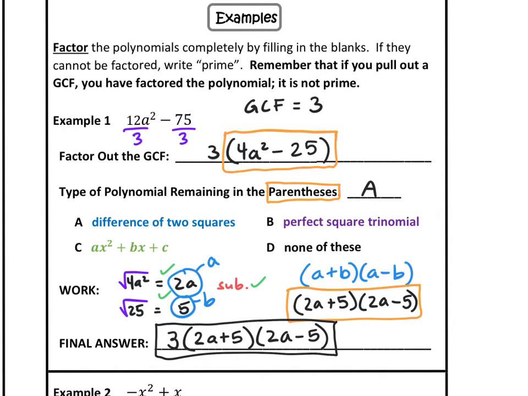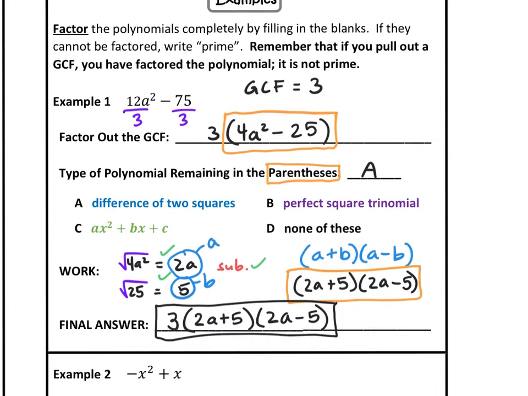Okay. Awesome. So let's go to the next one. Just keep in mind, here I just put the type of method that I use, right? We use a difference of 2 squares.